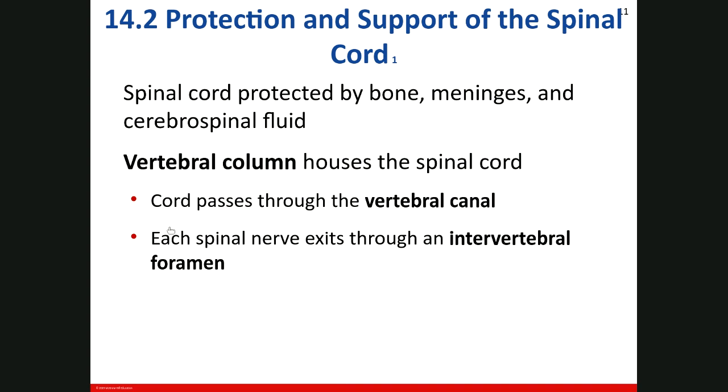The cord passes through the vertebral canal, and each spinal nerve, pay attention, each spinal nerve exits through an intervertebral foramen. So each intervertebral foramen can only pass one spinal nerve.